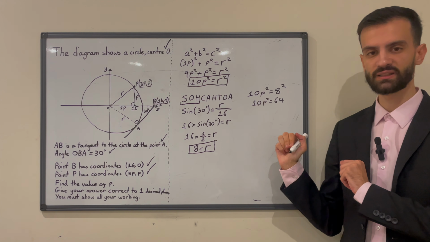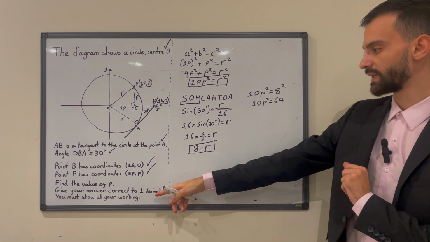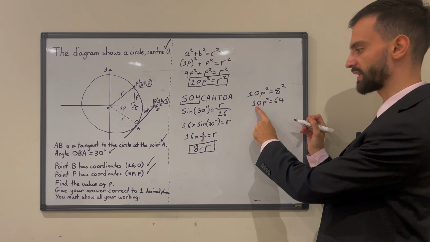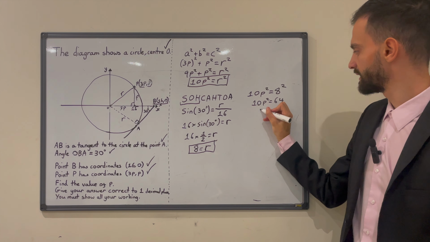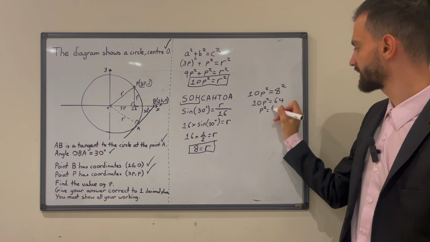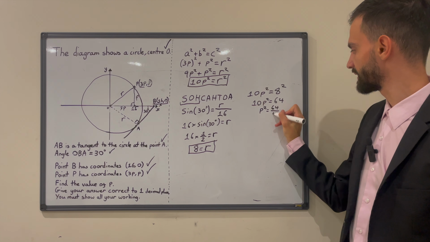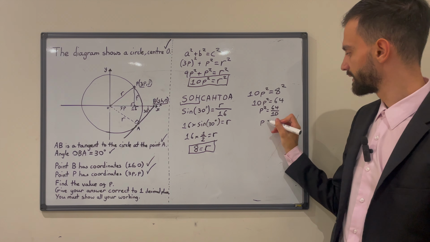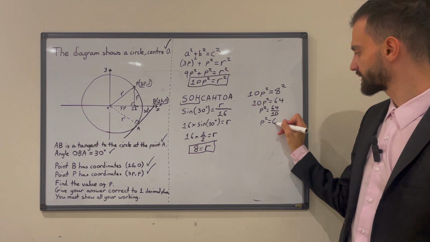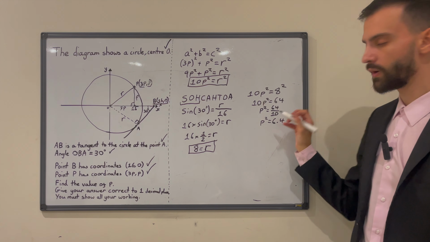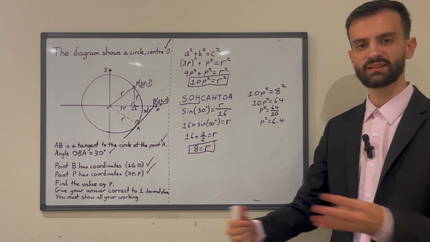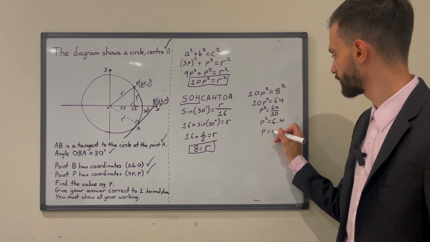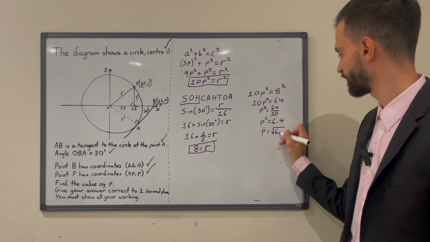Taking everything now to the other side, since p is the value that we wanted to find out in our question, we have opposite of times 10, divide 10: p squared is equal to 64 divided by 10. Simplifying that below, we have p squared is equal to 6.4. Opposite of squared, square root, taking that to the other side, we have p is equal to the square root of 6.4.